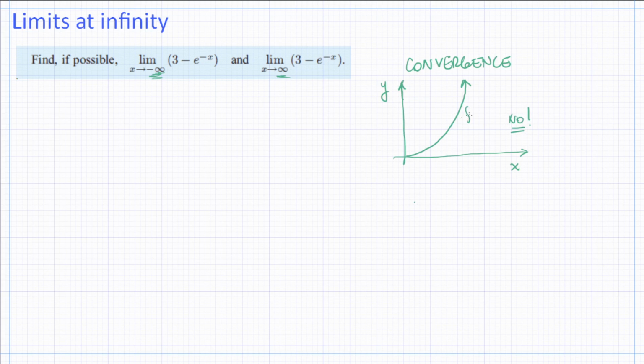If this was our f of x, the limit when x approaches infinity would not exist.